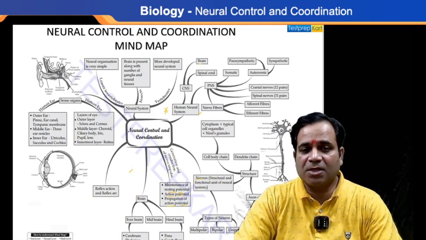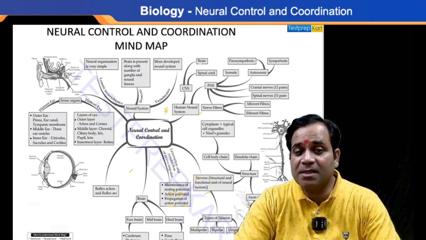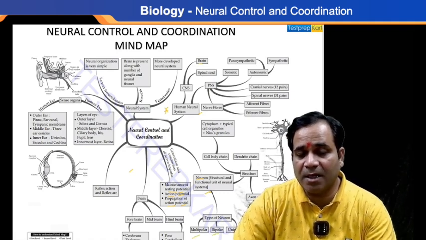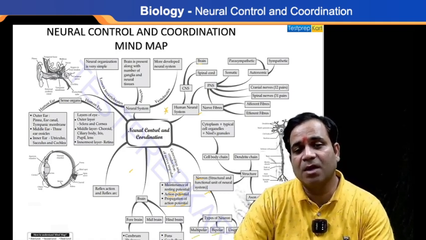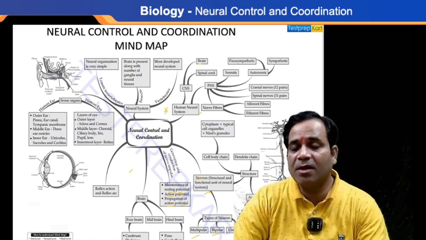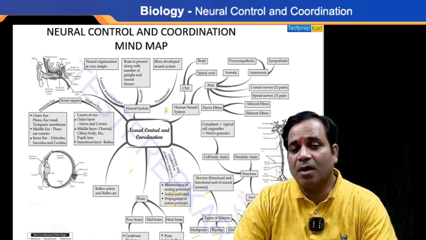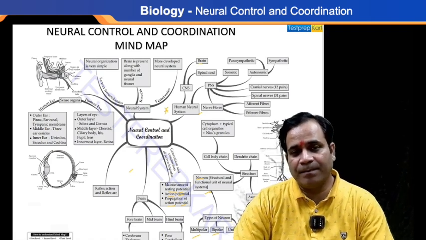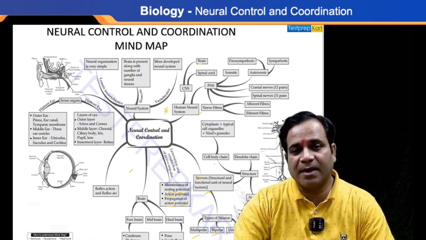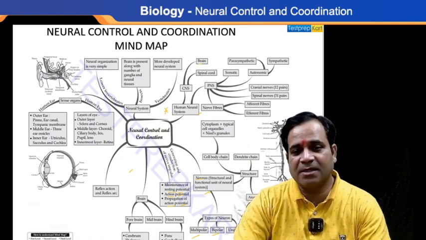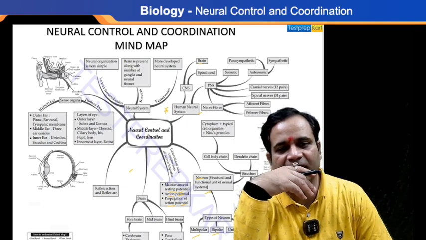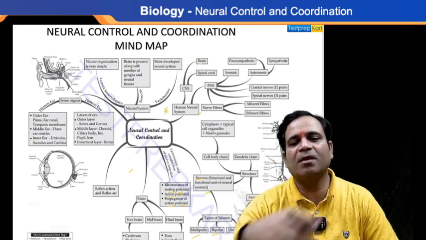So the neuron is the structural and functional unit of the nervous system, and neurons are classified into types: multipolar, bipolar, and unipolar. If anybody asks you how many types of neuron there are, you say multipolar neuron, bipolar neuron, or unipolar neuron. Getting my point? Now the neuron structure is dendrite chain and axon chain, and the axon is further classified into myelinated axon and non-myelinated axon.